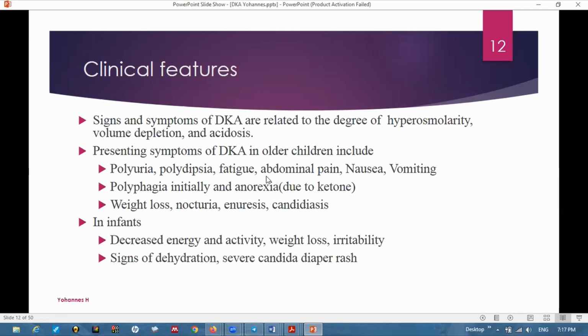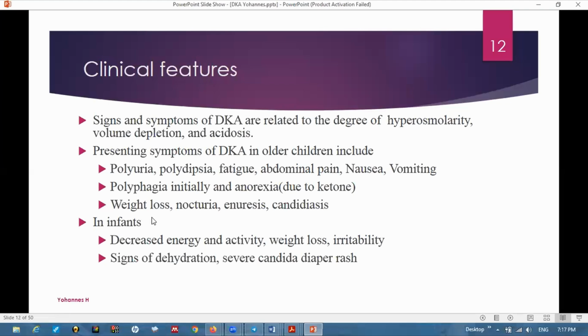They are fatigued, they will have abdominal pain, nausea, vomiting due to the acidosis, which triggers the chemoreceptor trigger zone. They may also have polyphagia initially, but due to the ketoacidosis, they will have anorexia later. They will also have weight loss, nocturia, enuresis, and candidiasis.